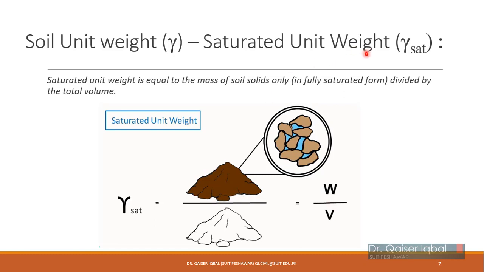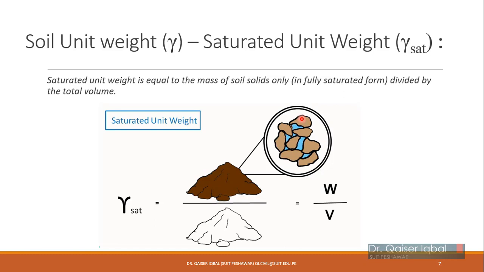Next is saturated unit weight. It is represented as gamma sat, SAT for saturated, gamma for the unit weight. Now, as the name indicates, on the contrary to the dry unit weight, here all the voids are completely filled with moisture. So then the soil is known as fully saturated soil.